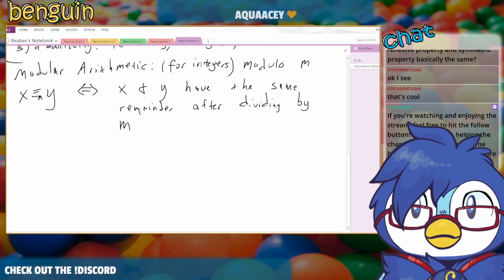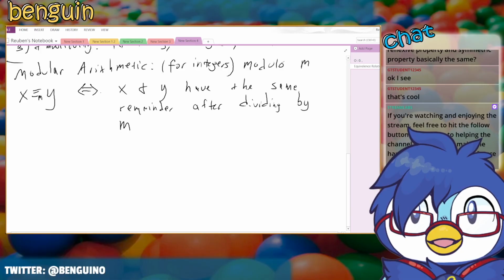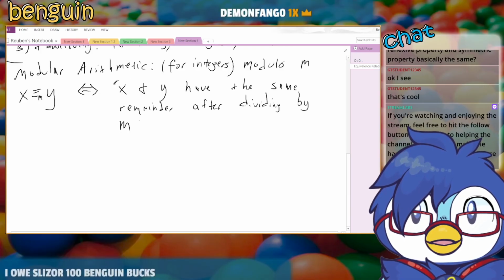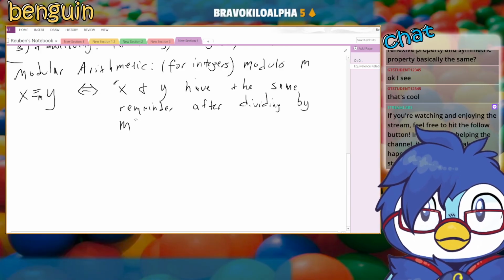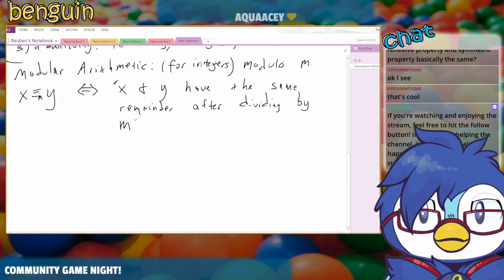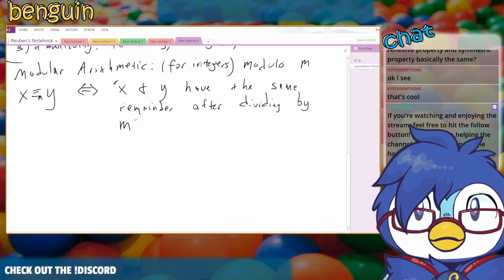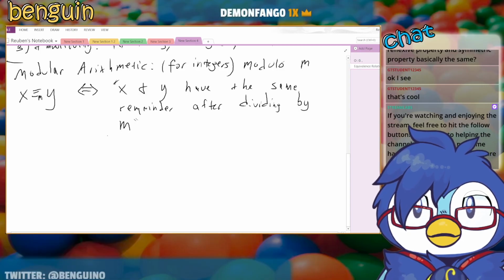We're saying it in words here, but basically, if x and y have the same remainder after we divide by m, then we say they're equivalent. And this is a really useful notion.